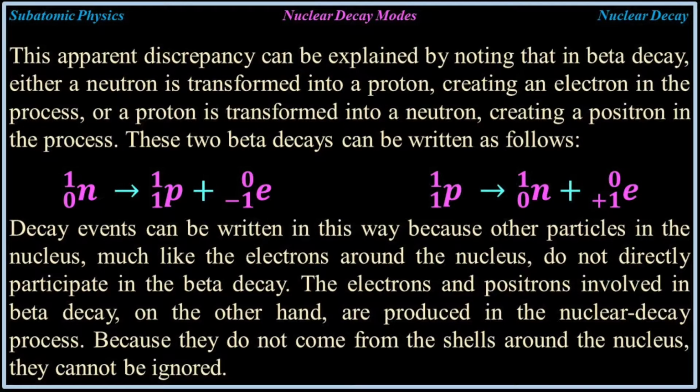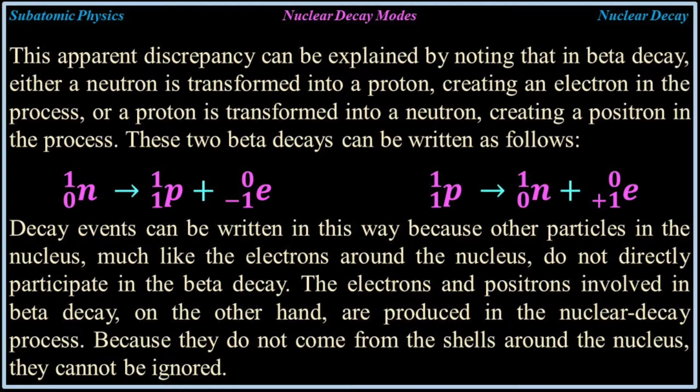This apparent discrepancy can be explained by noting that in a beta decay, either a neutron is transformed into a proton, creating an electron in the process, or a proton is transformed into a neutron, creating a positron in the process. These two beta decays can be written as follows.